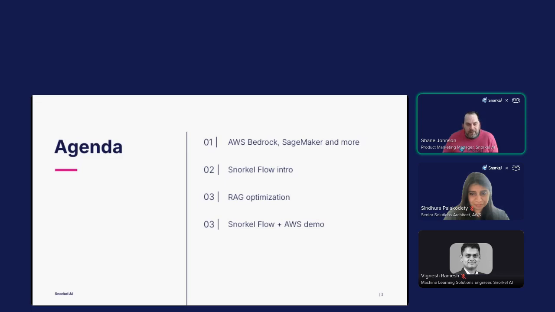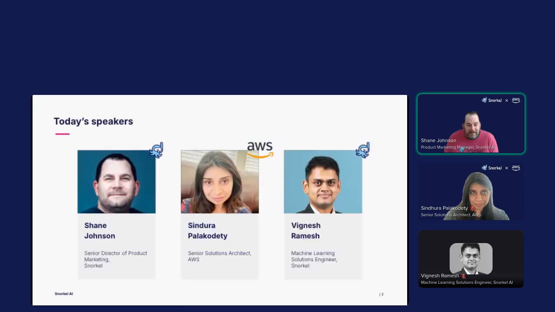Then I'll spend a little bit of time on the inner workings of RAG optimization. And finally, one of our great machine learning engineers, Vignesh, who we'll hear from in a little while, is going to do a fantastic demo using Snorkel Flow and AWS to do some RAG optimization and provide us with some additional insights there.